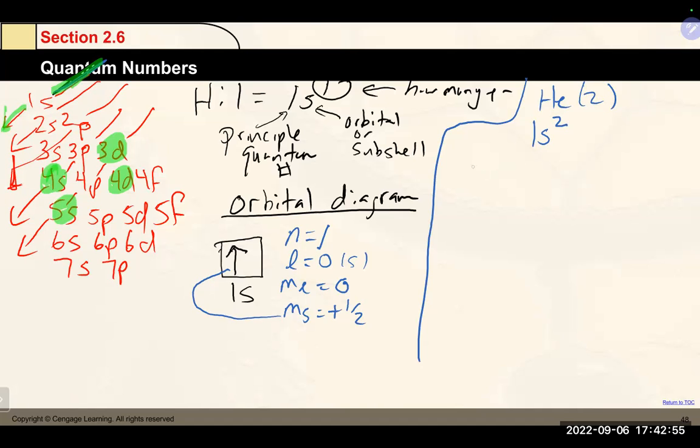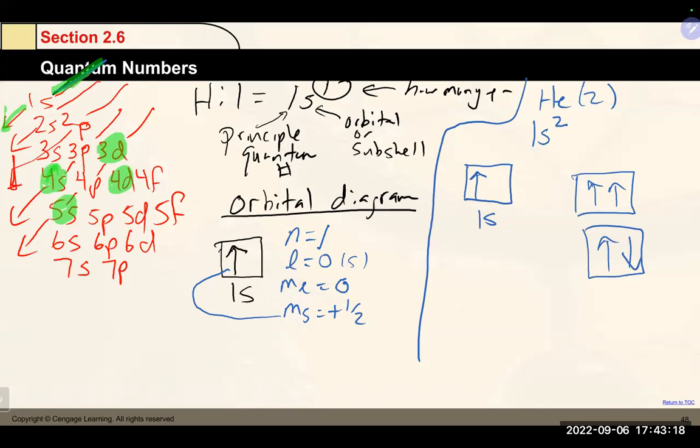And if we drew the orbital diagram for this guy here, we would have a 1s. We would put our first electron in there. For our second electron, we do have a couple of options. We could perhaps put it in like this, or we could put it in like this.